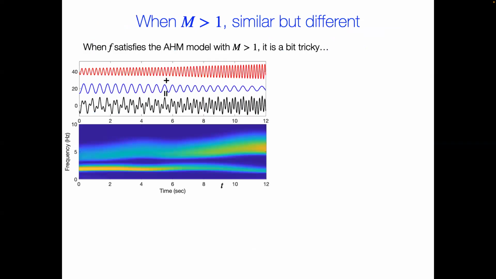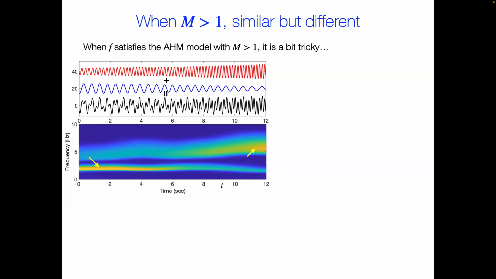And when m is greater than 1, that is, when you have multiple components, this is the example. The top red one and the blue one are two oscillatory examples that I simulated. The black one is the summation of these two signals. And you can see the time frequency representation, and there are two arrows you see here, right? If I still consider at each time the local maxima, then what will you get?